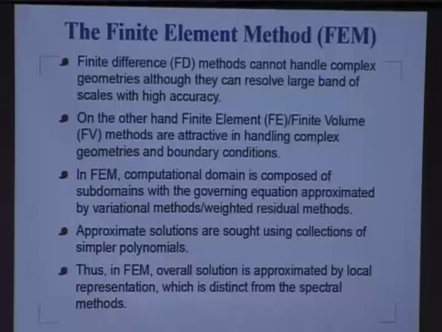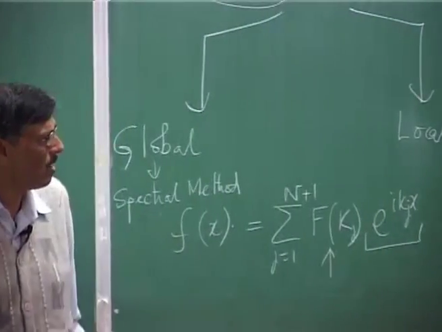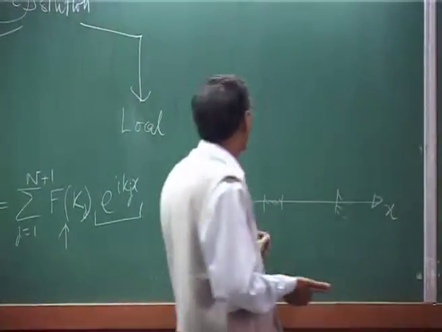So that is what we are saying here, that in FEM we will decompose the problem into smaller subdomains and try to satisfy the governing equations in a weighted residual sense. One of the essential elements of FEM is that the approximate solutions we write are going to be simpler polynomials. Here it was a cosine or sine function, which is a global function, but in FEM I would approximate the solution differently.